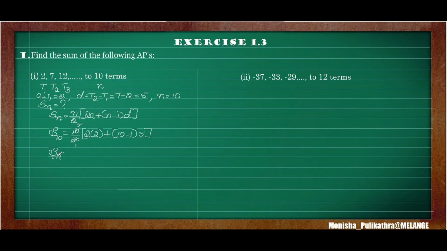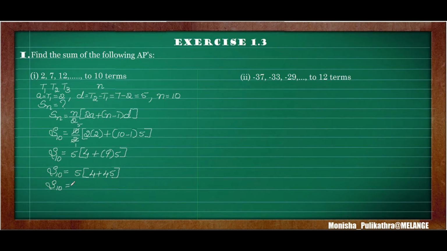So S10 is equal to 5 into, here 2 twos are 4, plus 10 minus 1 is 9, 9 into 5. So S10 is equal to 5 into 4 plus 9 fives are 45.